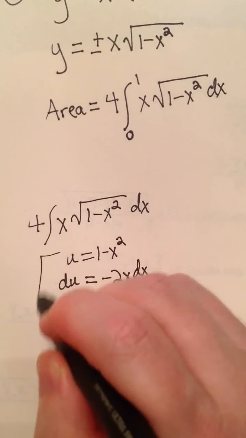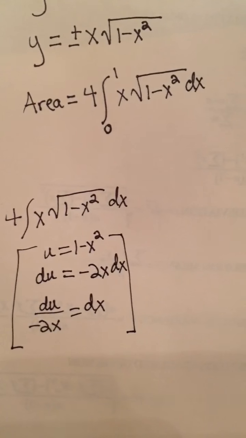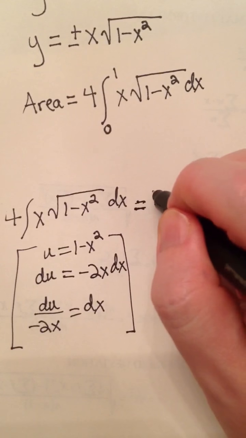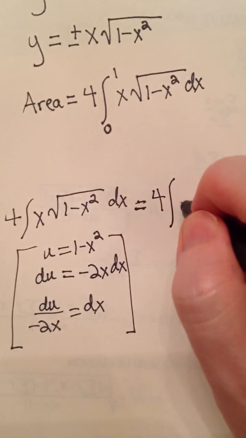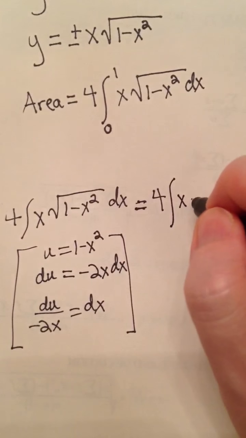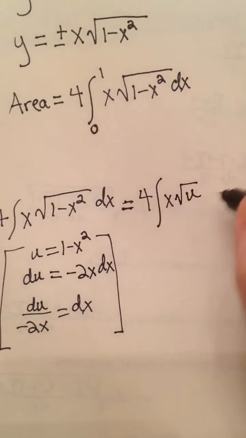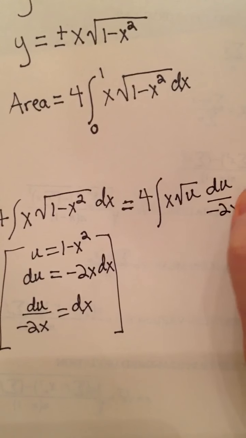As we utilize substitution, with back substitution at the end, you have 4 times the integral of x times the square root of u, and for dx we have du over -2x.